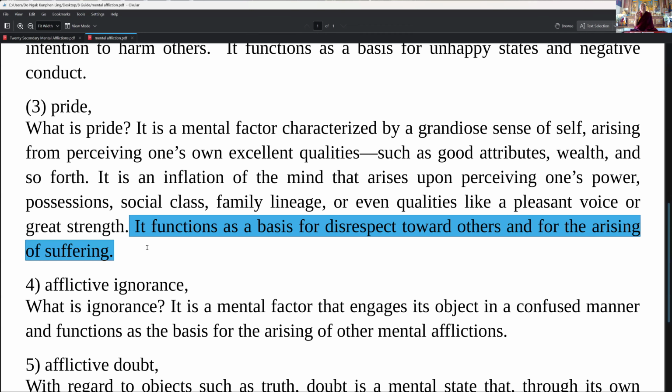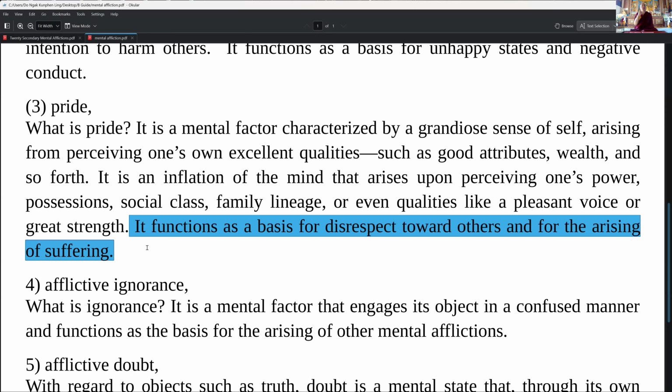And then mentally, you cannot think that a person is wonderful or best or nice. That kind of pride makes you distinguish between others.